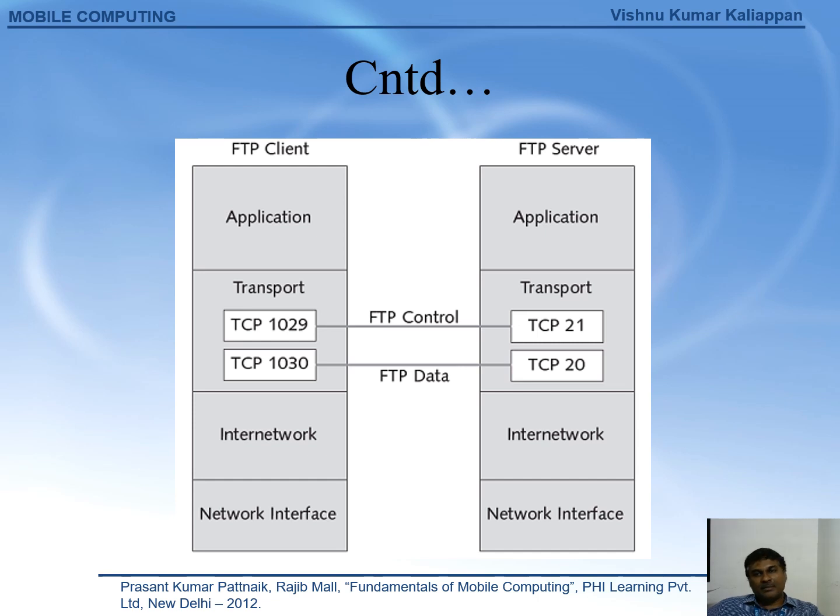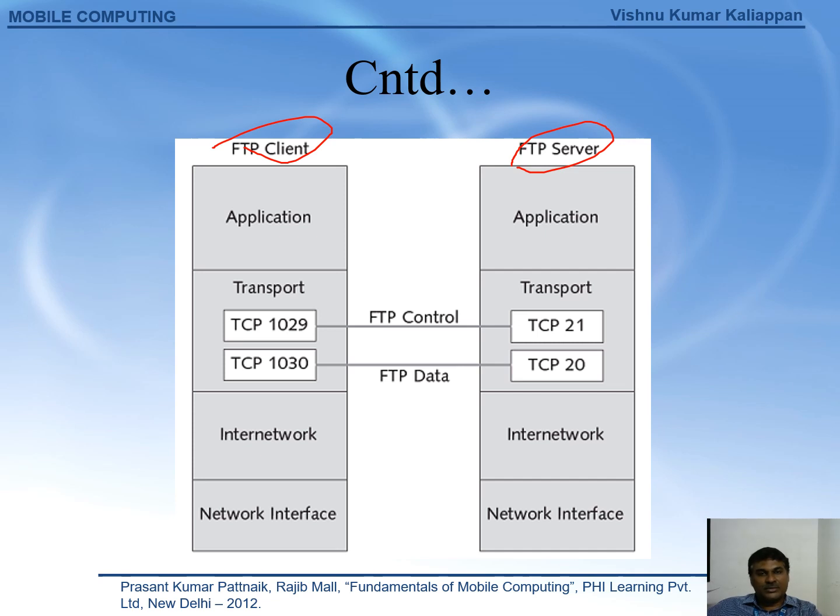An example is the FTP client and server model, which uses FTP communication with the TCP process. Here you have the layers: network interface, internet, transport, and application. How are these ports used in FTP at the TCP transport layer?